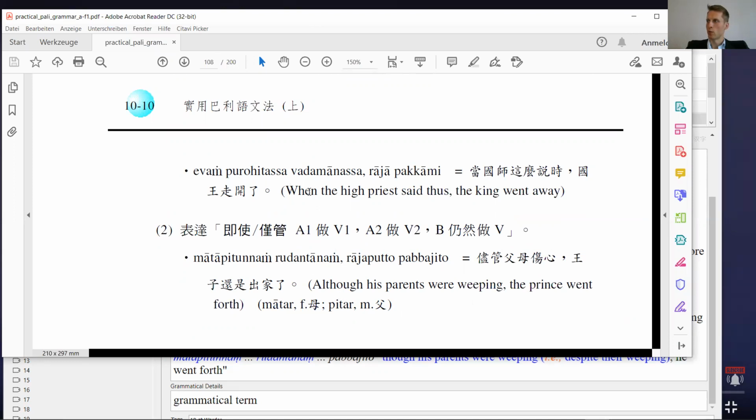So when the high priest, purohitassa, said thus, or while the high priest is saying thus, the king, rājā, went away, pakkāmi. Or even despite the fact that the high priest is saying thus or speaking thus, the king went away.